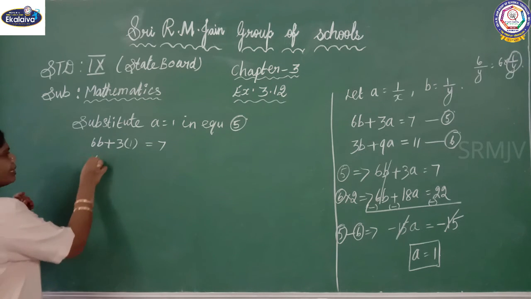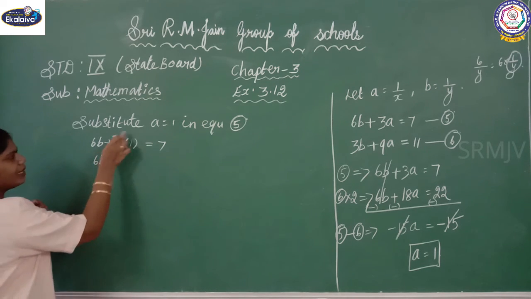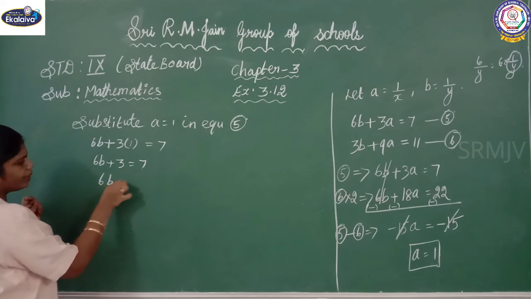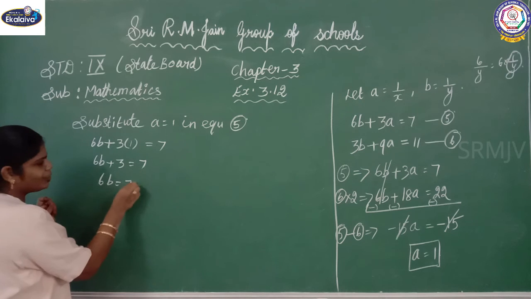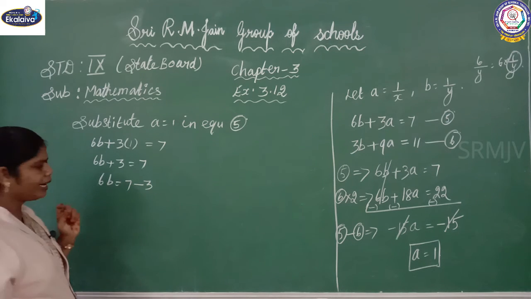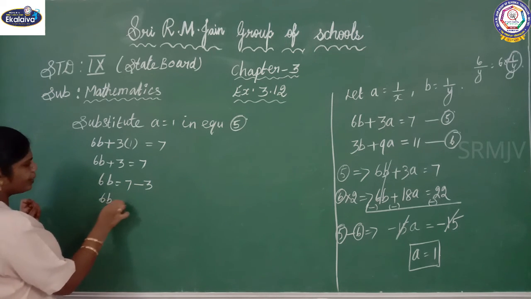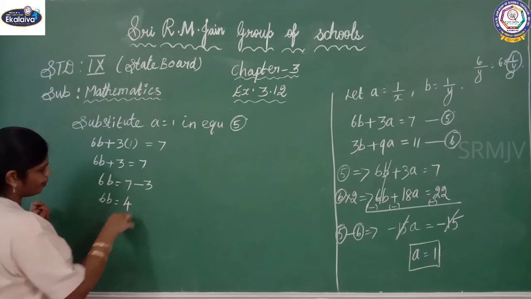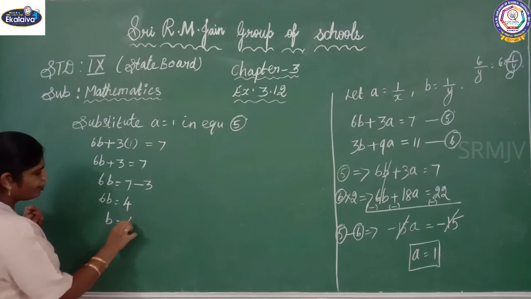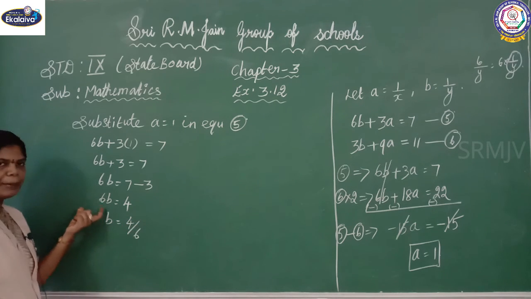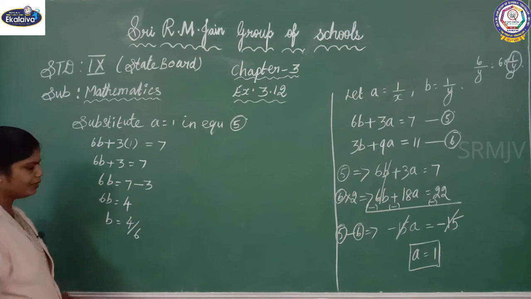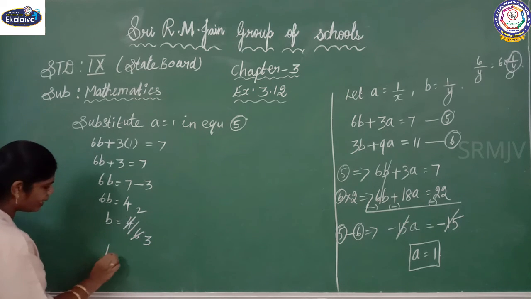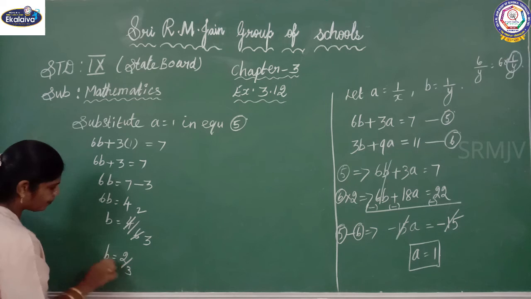So 6b plus 3 ones are 3 equal to 7. 6b equal to 7, the plus 3 will change to minus 3. So 6b equal to 7 minus 3, what will you get, children? 4. So b equal to 4 by 6. Multiplication will change to division on the other side. 2 2s are 4, 2 3s are 6. So b equal to 2 by 3.